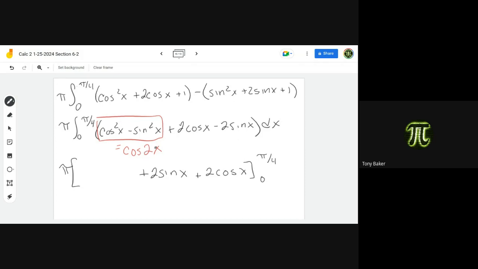All right, so for cosine 2x, we have to do u substitution because I have a function inside of a function. So my u is going to be 2x, my du would be just 2 dx. So I've got 1/2 du plus dx.